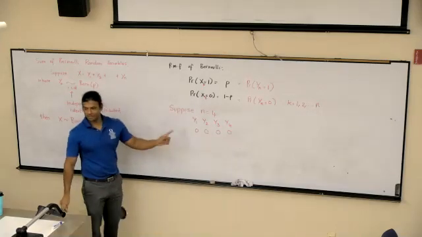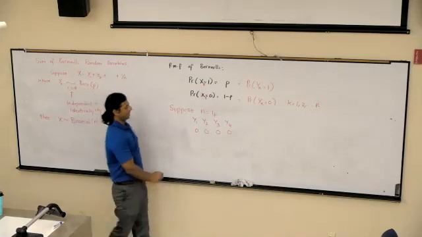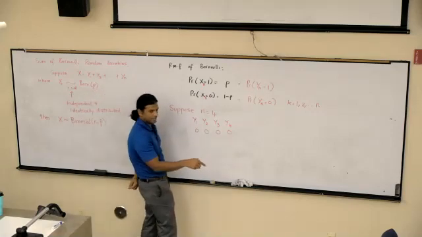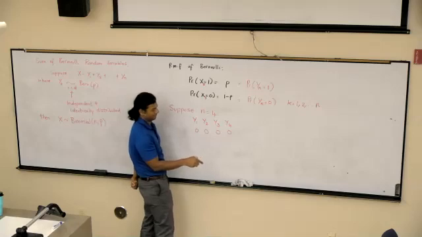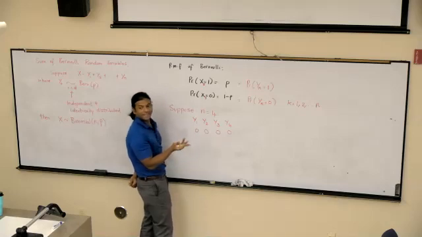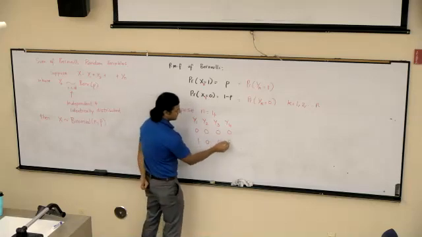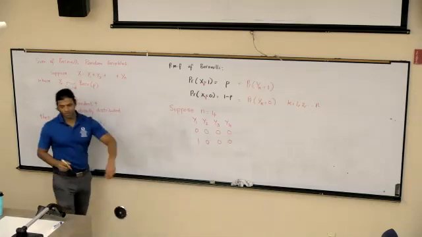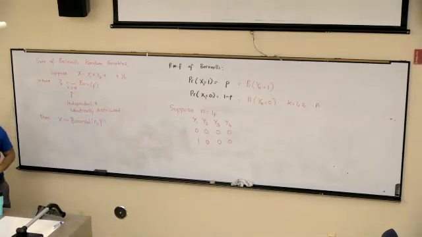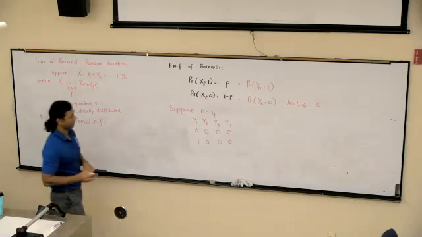Right? 0, 0, 0, 0. And then what else would I have? I need 1, correct? So 1, 0, 0, 0. But that 1, 0, 0, 0 could happen in how many ways? 4 ways.